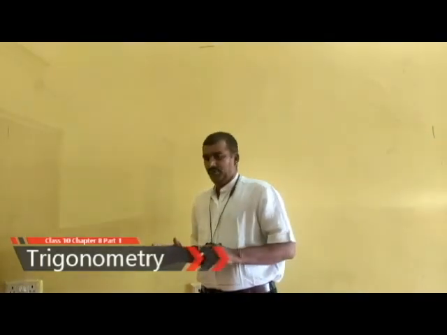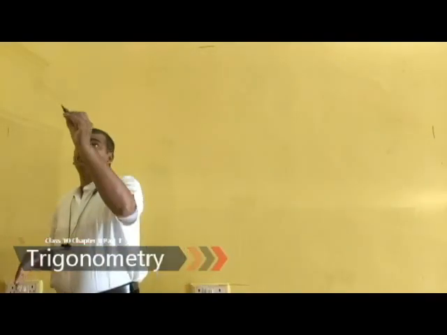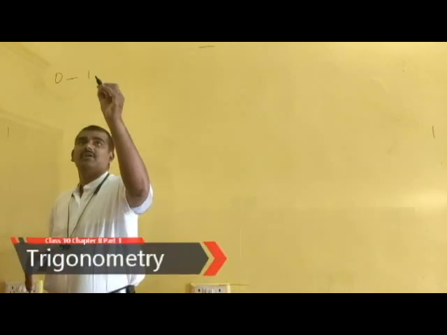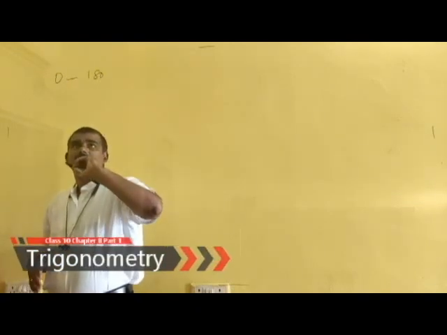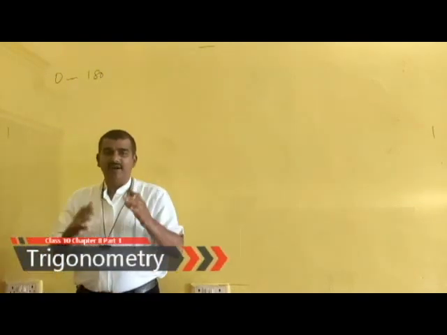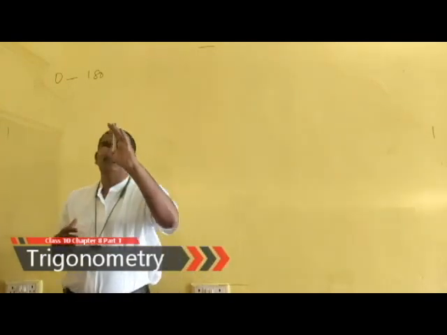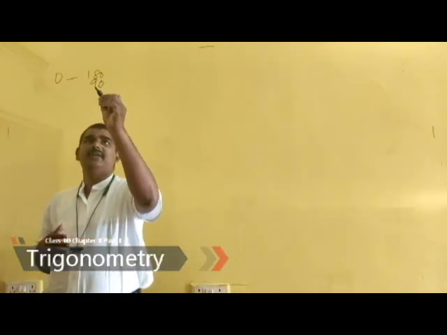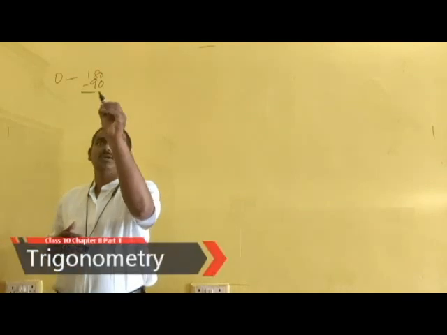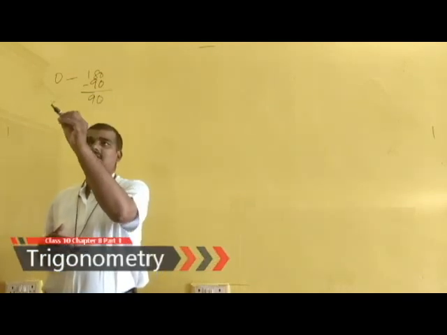Now, see, from 0 to 180 is the total sum of angles over there. Out of that 180, 90 degrees is for the right angle, so it will remain 90 only.